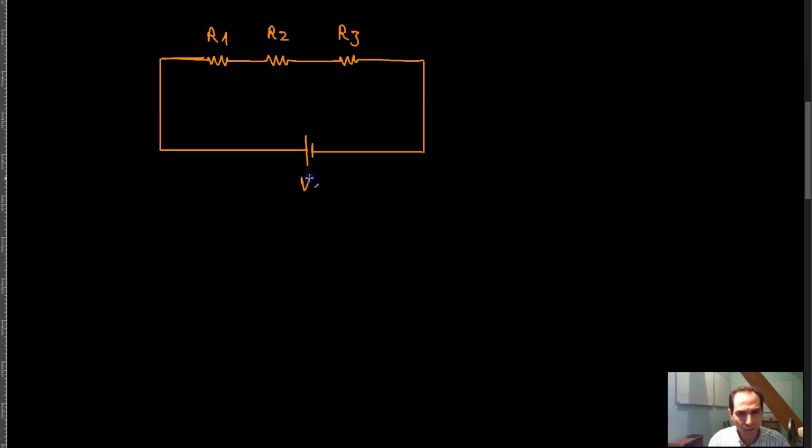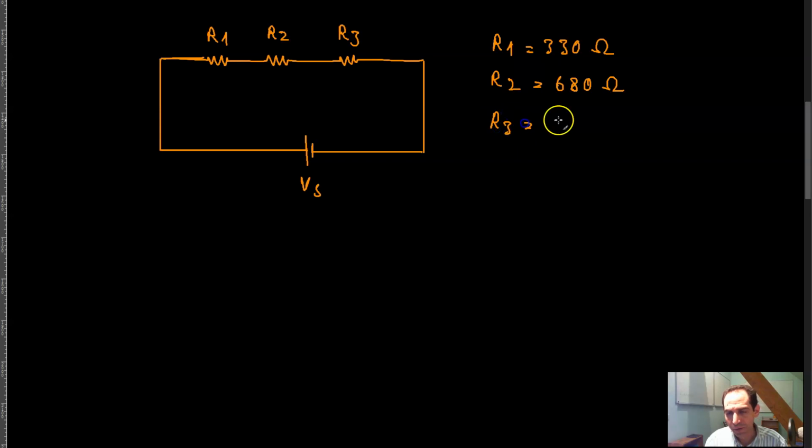So this is V of S. Now in this circuit, R1 is equal to 330 ohms, R2 is equal to 680 ohms, and R3 is equal to 910 ohms.